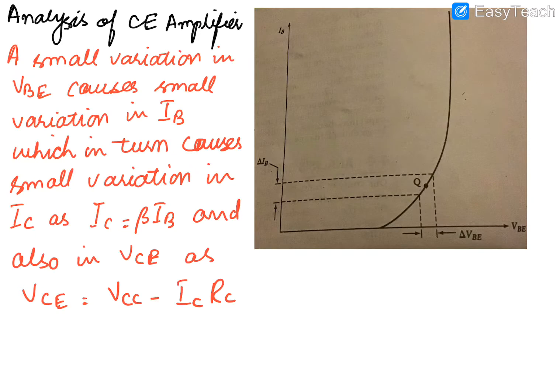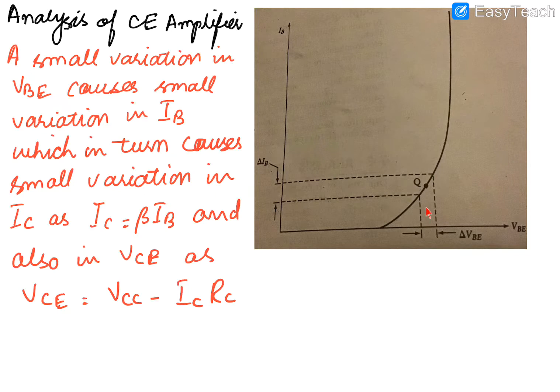So next is the analysis of a typical common emitter amplifier, in which the input is VBE and IB. As VBE changes, suppose there is a small variation in the value of VBE, then IB will also change accordingly. There will be a small variation in IB too.